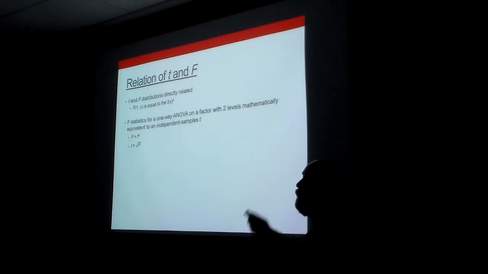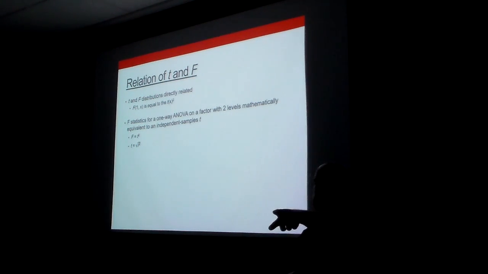All right. One thing I want to make you aware of is the relation between your F statistic and your T statistic. These two are related to one another if we're talking about an F statistic with 1 degree of freedom in the numerator. If I have an F statistic with 1 degree of freedom in the numerator, what does that tell me? 2 levels.